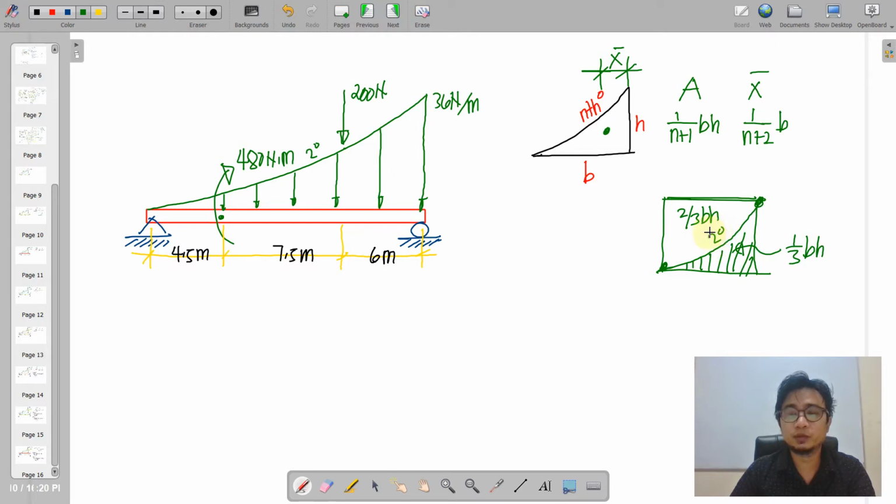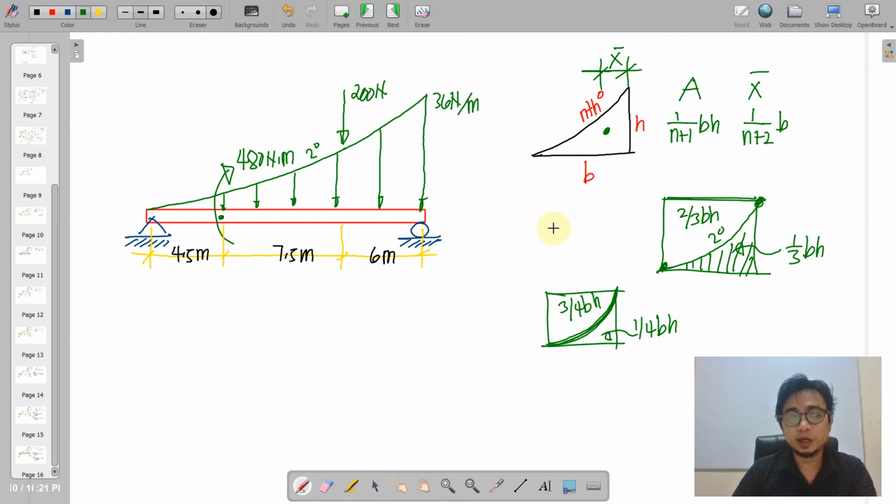If you deal with the third degree, you will apply also this principle, wherein this will have a smoother curve here, and this now becomes 1/4 of the base times height, and the remaining is, of course, 3/4 base times height.